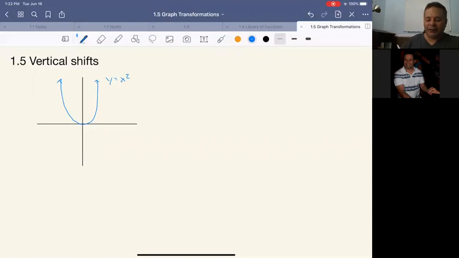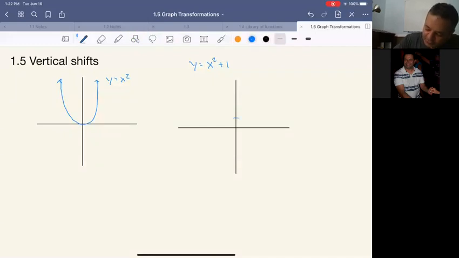Okay, now let's say instead we're going to take y equals x squared plus 1. Okay, it's not going to be too much different actually. All that's going to happen now is that it's going to be moved up by 1.